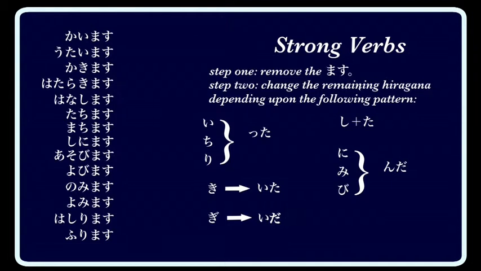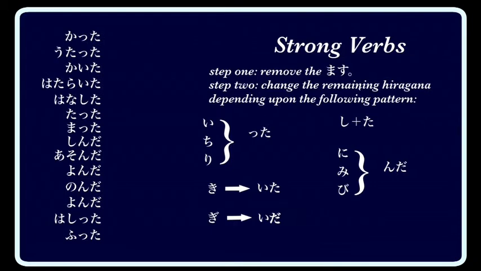Gi, instead of ide, goes to ida. Shi is added, ta is added to shi, and ni, mi, and bi changed to nda for the plain past. So where the te form ended in te, the plain past changes that te to ta and the de to da to make the plain past of the Japanese verbs.